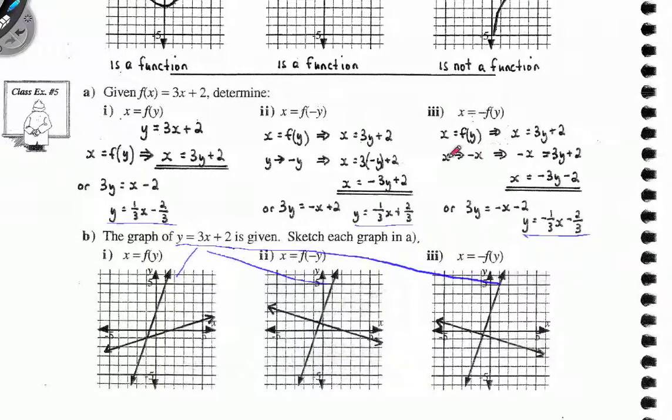So this is a reflection in the y-axis. I may have said the x-axis earlier, but this is a reflection in the y-axis. So we get our inverse function and reflect in the y-axis, bringing this over to here, this over to here, and we get this line right here.